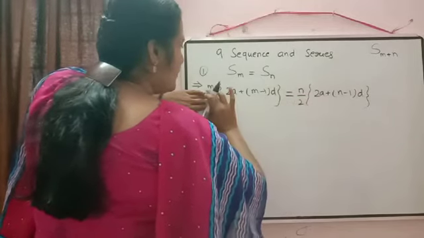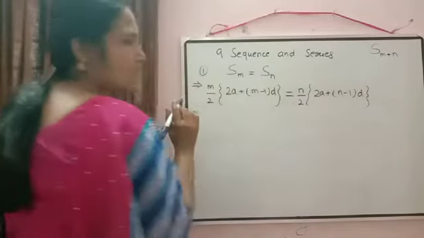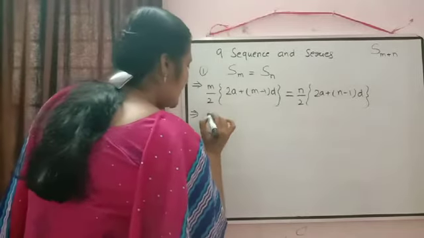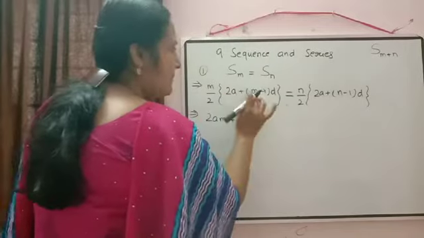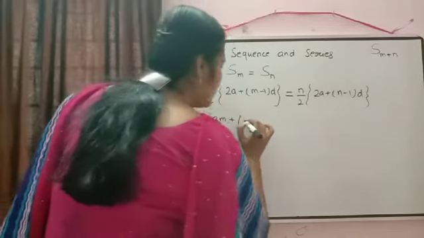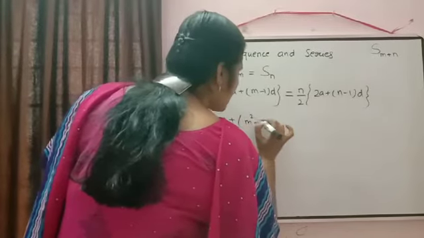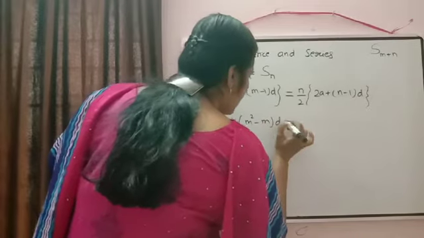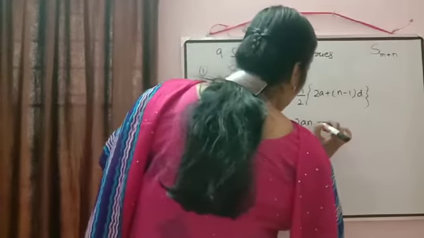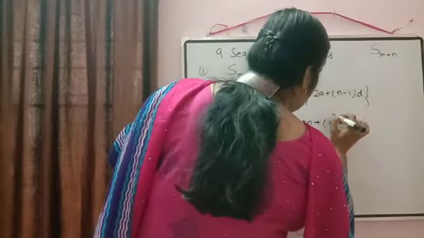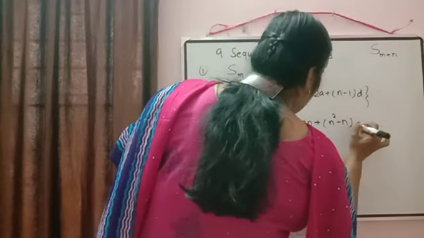Now m will get multiplied inside. Then we can check what will come. Here it will be 2am plus m into (m minus 1) d, so it will be (m square minus m) into d, which is equal to, here we will get, 2an plus (n square minus n) into d.